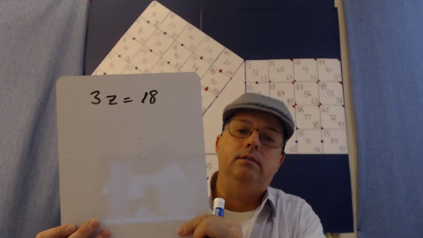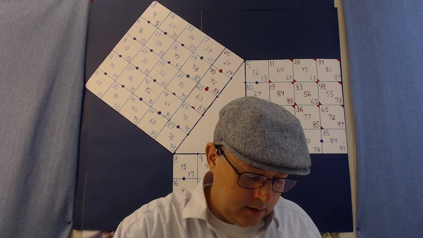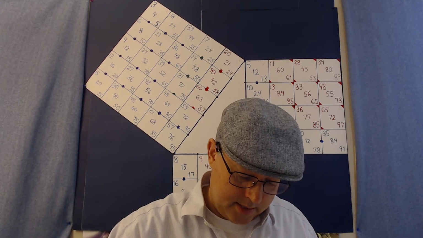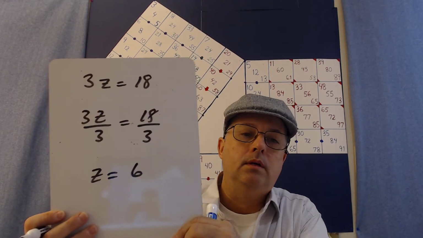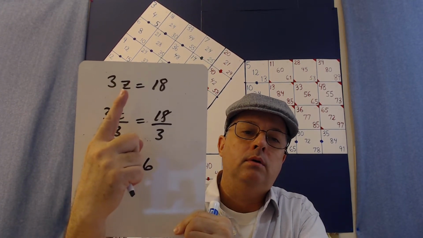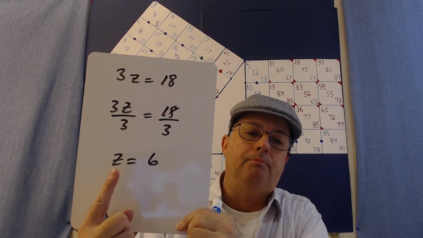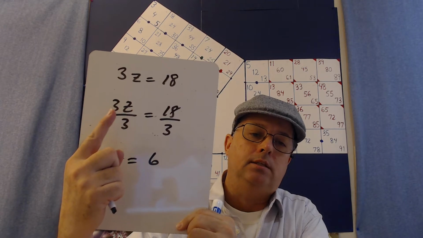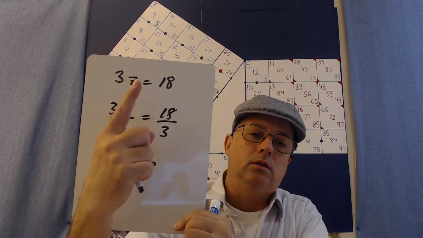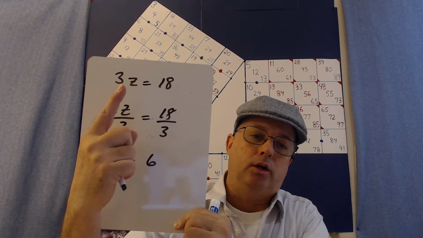So here's our logarithmic equation, and what you want to imagine is that this was just 3z equals 18. Wouldn't you divide each side by 3 and say z equals 6? There's the variable, and we solve for it by isolating it, by getting it by itself. That means dividing by what is surrounding the variable, which is this multiplication by 3.